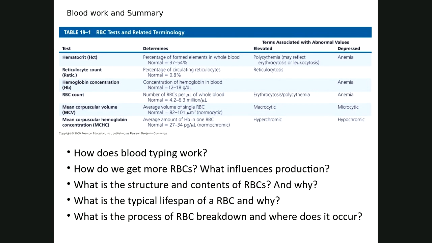That number is just a starting point to say this is how many formed elements you have. So someone could potentially have a 40% hematocrit, which would be normal, but technically still be anemic, because that 40% might actually be very low in red blood cells and high in white blood cells.